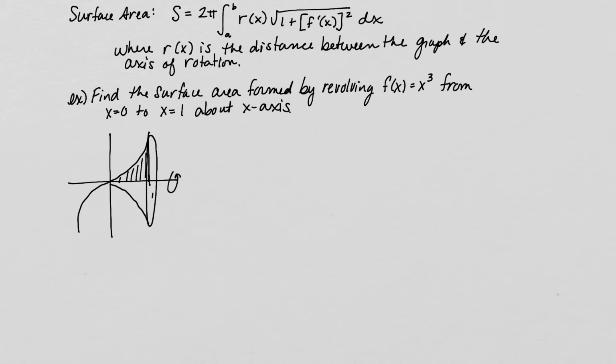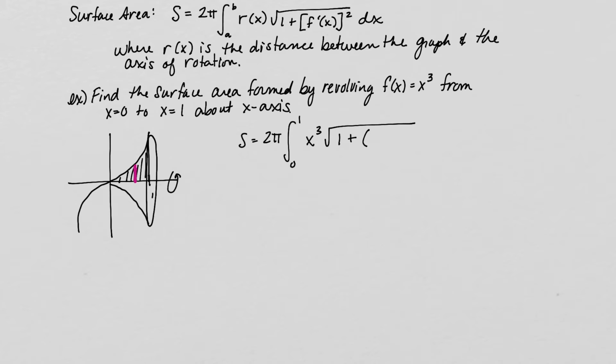So in our case, our surface area is going to be 2 pi. Our integral is going to go from 0 to 1. And then r of x, right? If I put in that radius here, that radius is sitting on the curve. So r of x is x cubed. And then we have the square root of 1 plus, okay, we need the derivative of our function. Our function is x cubed.